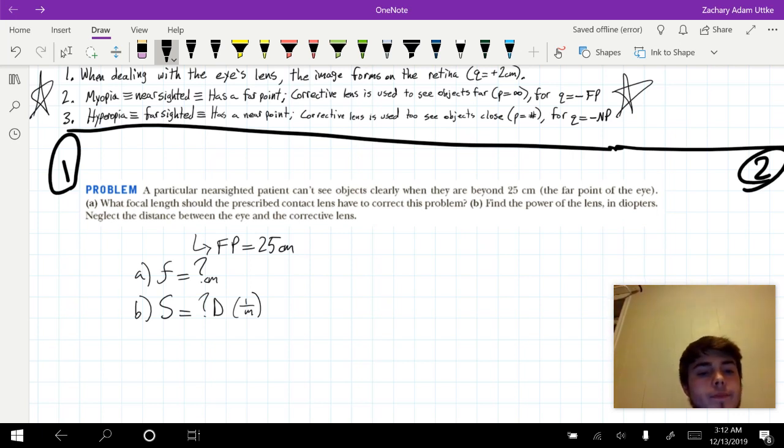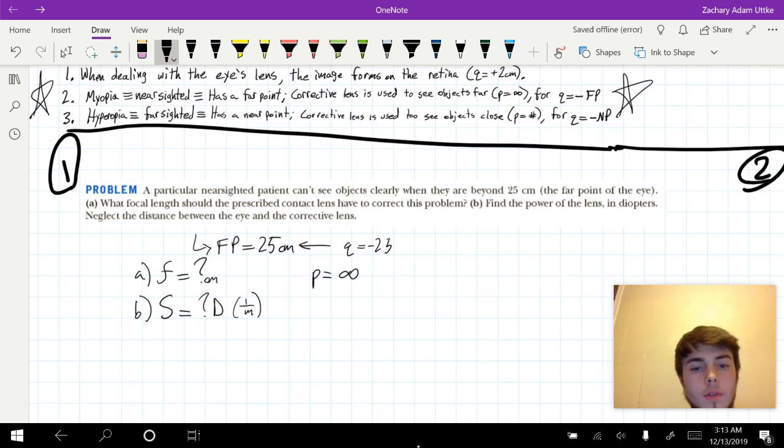Okay, so let's try and make sense of this problem. We have a nearsighted person that has a far point, and we're trying to figure out the focal length of the corrective lens. So in that case, we want to be able to see objects that are at infinity. And our Q will be negative 25 centimeters.